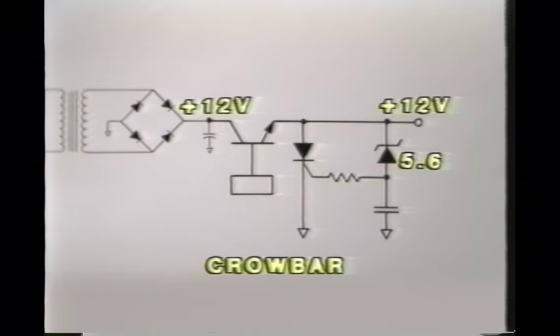But if the regulator were to short circuit, causing excessive output voltage, the Zener diode will start to conduct and gate the SCR. When the SCR is gated or turned on, it conducts directly from the output of the supply down to ground and shorts the power supply output immediately to ground, which of course is 0 volts. This protects the computer from any excessive voltage.